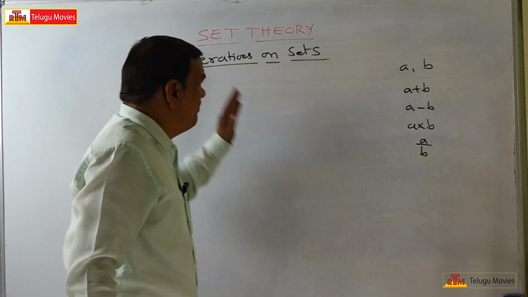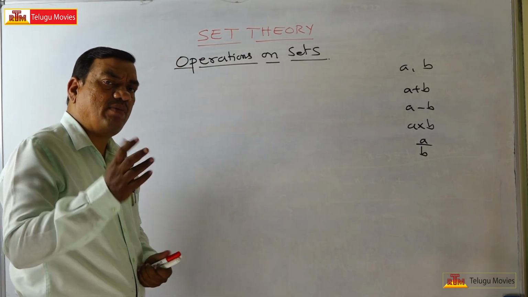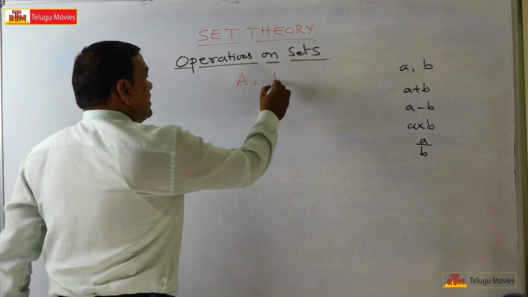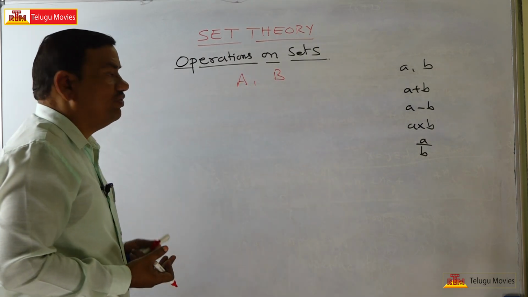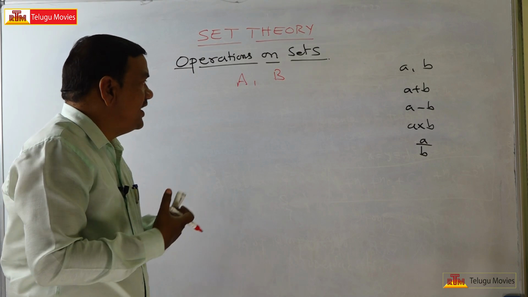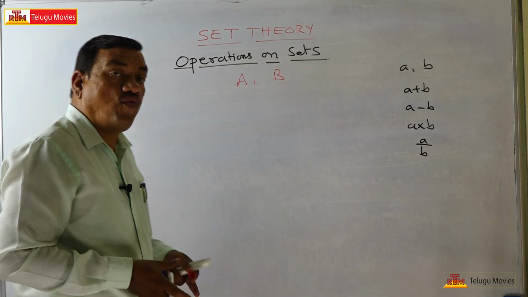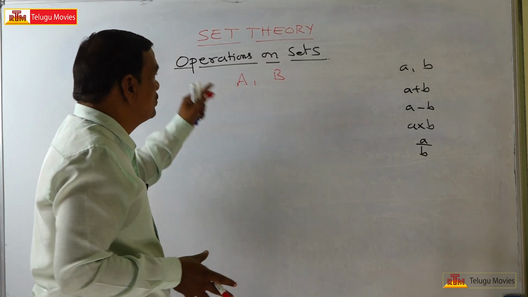Like that, given two sets, which may be empty or non-empty, A and B, what can we do with them? Union, intersection, and so on. So here also we have four fundamental operations on sets.